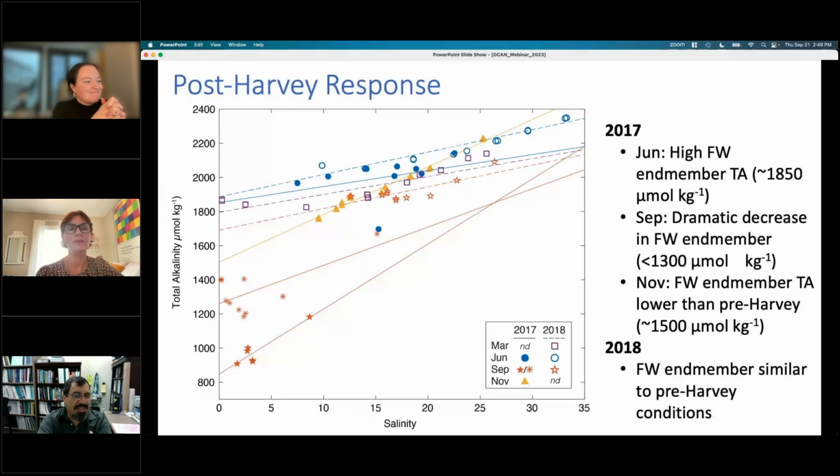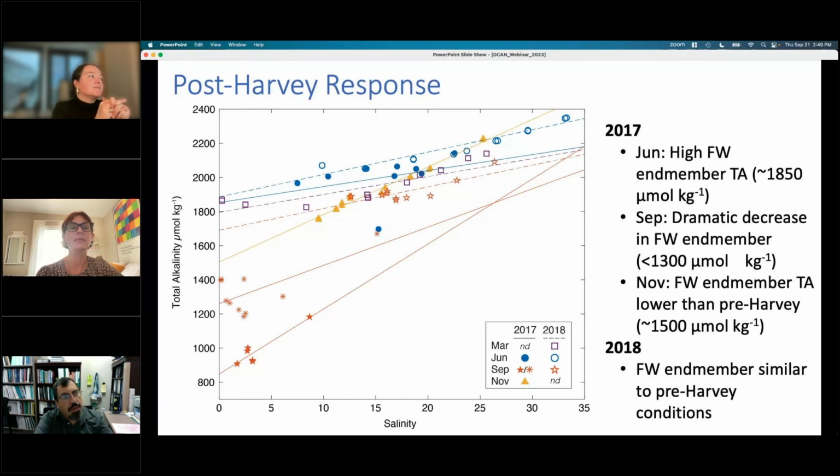But that's just the linear projection within that sampling event you had. I was wondering if you had any idea if that's a statistical artifact, or if it does reflect oceanic end member alkalinity that was slightly higher at that point.